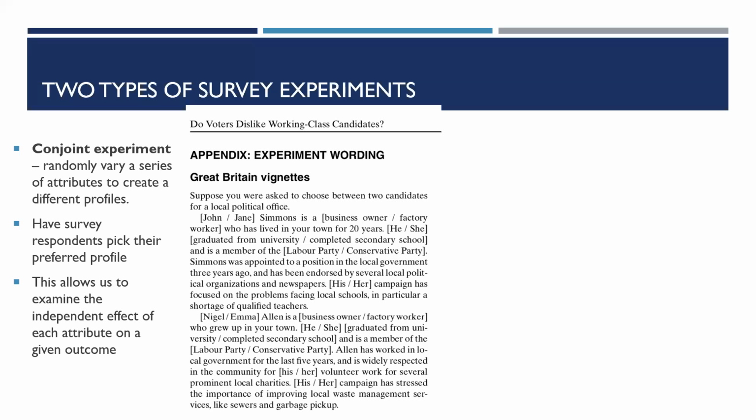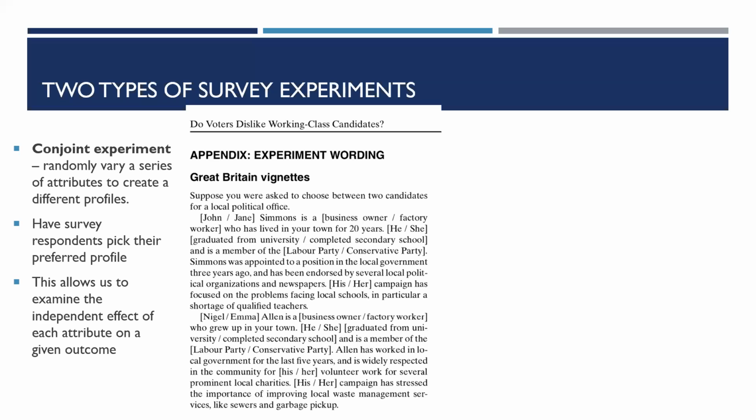We go on, we see that there's information manipulated about their education, so we can make sure people aren't assuming that working class individuals don't have college educations. We can account for that. In this survey, they manipulate partisanship, ties to things in the community, all of this stuff.